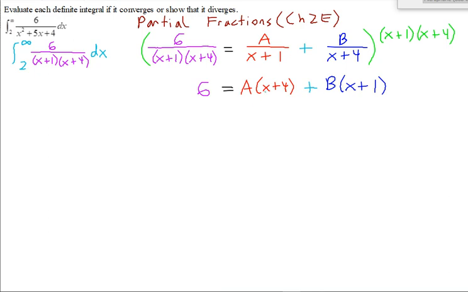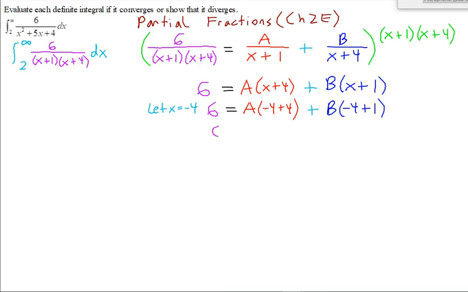So if we want to get the a's to eliminate, you can let x equal -4. Sometimes there's an x on this side also, but in this case it's just 6. So 6 equals. We chose -4 because that'll make this 0 and wipe out the a's. So a times -4 plus 4 plus b times -4 plus 1.